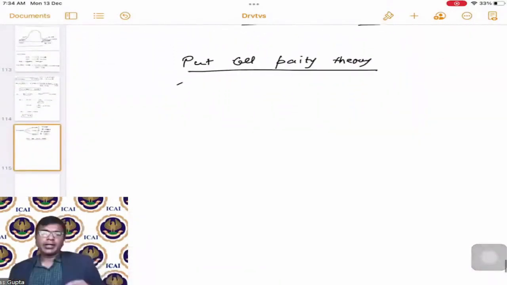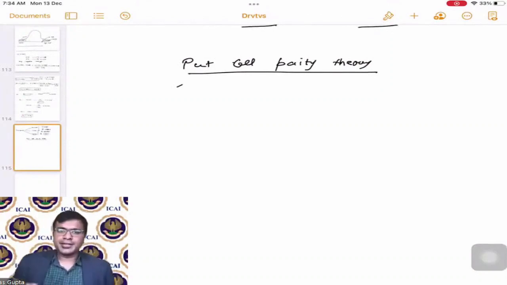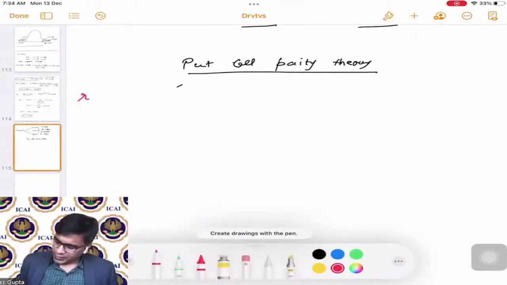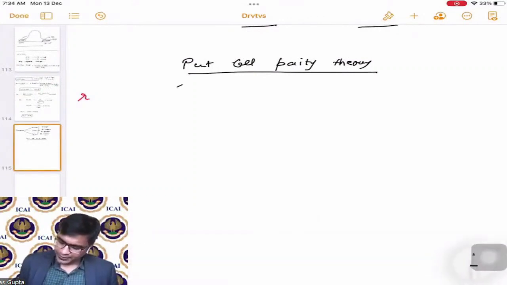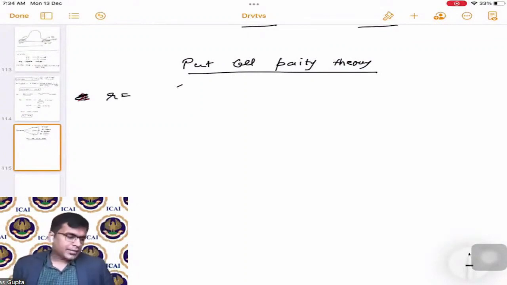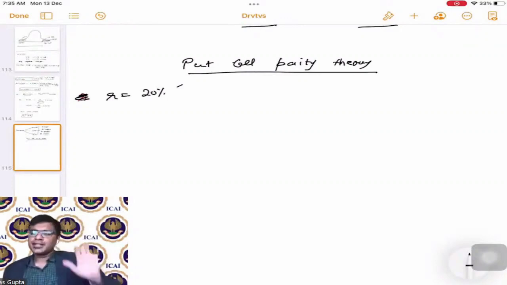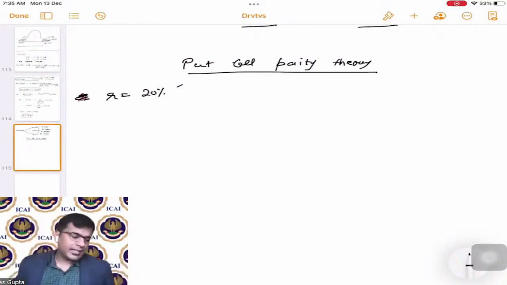Yes. So put call parity theory, let us build our situation through an example. So for example, R is equal to 20 percent. I'm just assuming the numbers so that it will be easy for us to calculate.